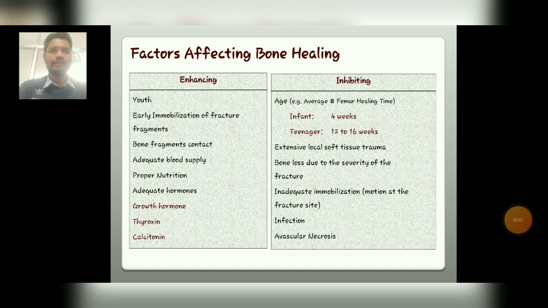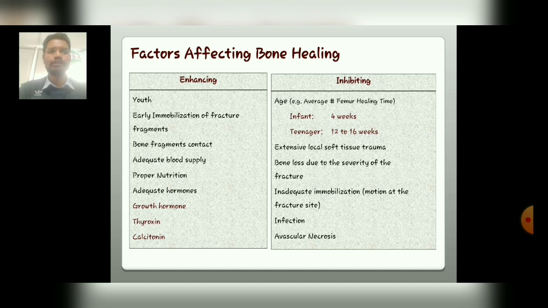Next are the inhibiting factors. Starting with the first point, that is age: infants of less than 4 weeks are more hyperkinetic, so it disturbs the healing process, and teenagers between 12 to 16 weeks are more likely to play, which causes delayed wound healing. The second point is extensive local soft tissue trauma.